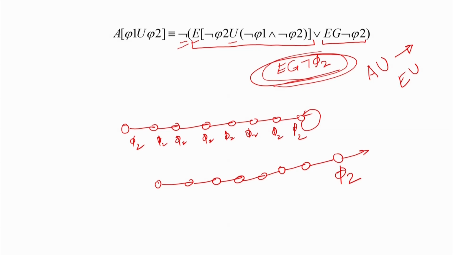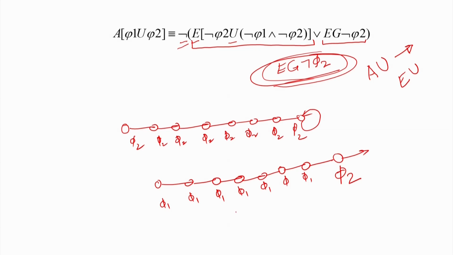So, if such scenarios happen and in all the states phi 1 is true, then phi 1 until phi 2 is true on that particular path. If it happens on all paths, then A phi 1 until phi 2 will be true.